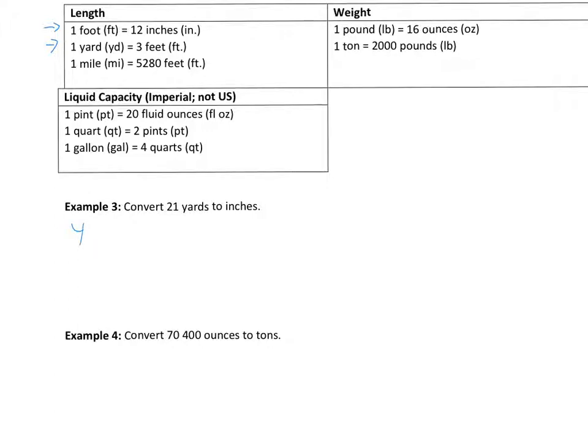So I'm going to go yards to feet to inches. That means I'm going to take my yards, multiply by the number of feet per yard, and then multiply by the number of inches per foot. My yards cancel out, my feet cancel out, and I'm left with inches as my answer.